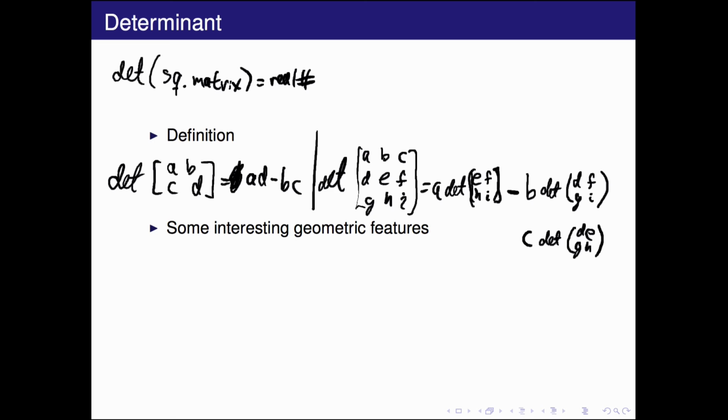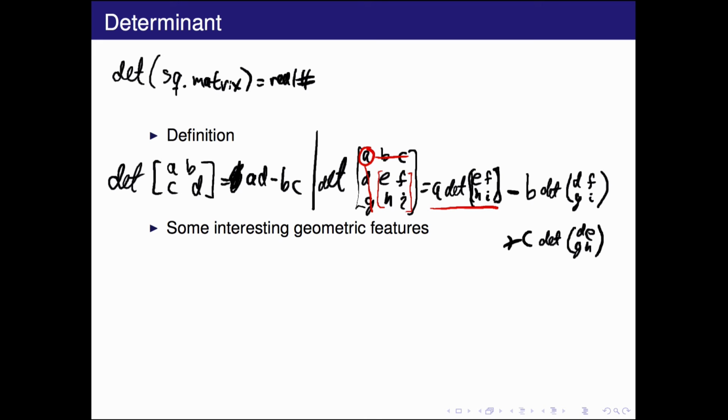We flip the sign of the second summand, so plus, minus, plus. I like to go through, selecting the A, destroying the row and column with A in it, and taking the determinant of the remaining matrix here.